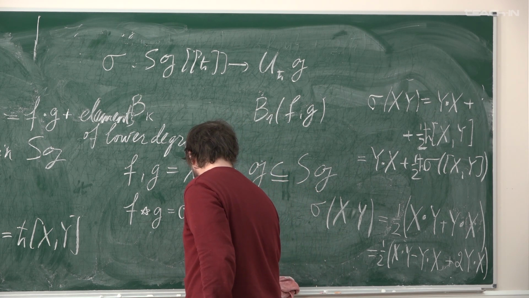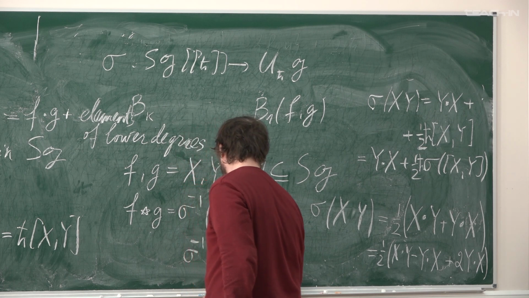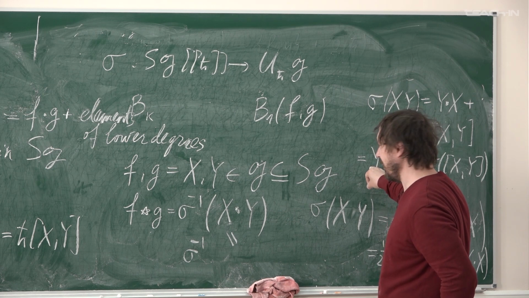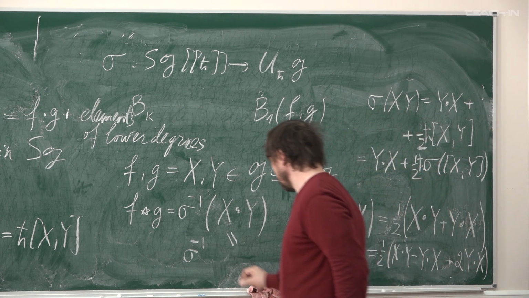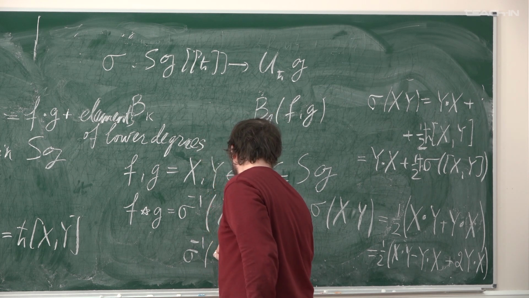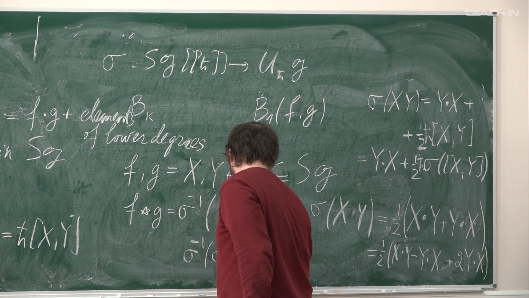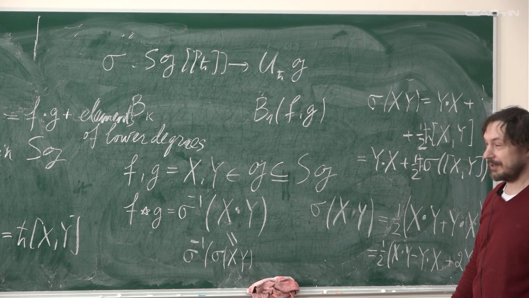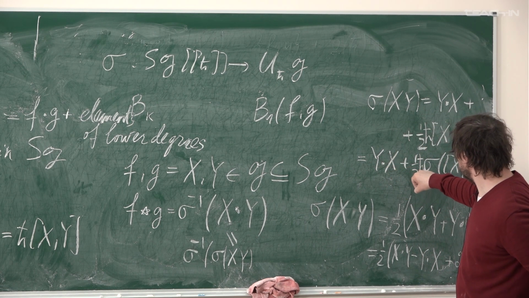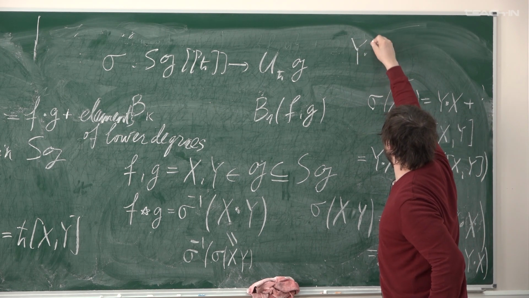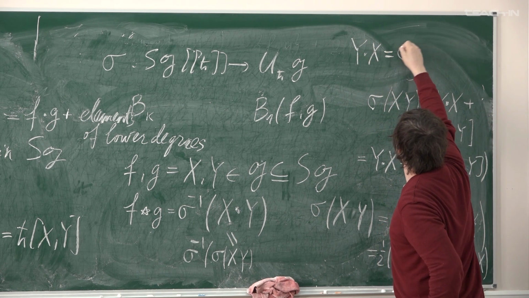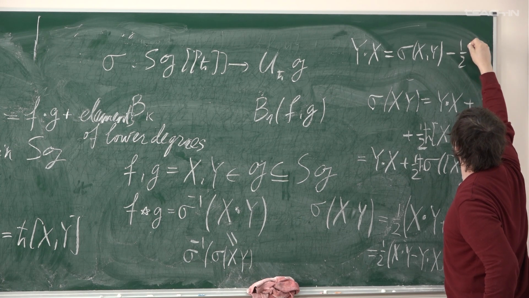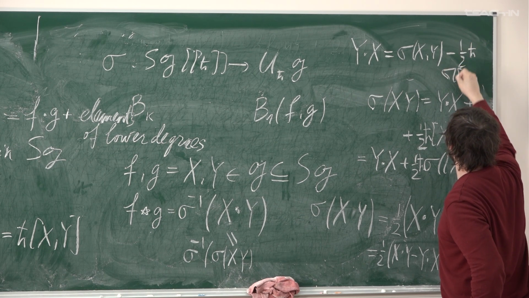It is equal to, sigma minus first is preserved. So here we'll have x times y, sigma of xy. You see what I did? I used this equation to say that y dot x is equal to sigma xy minus 1/2 times h bar sigma of the commutator xy.